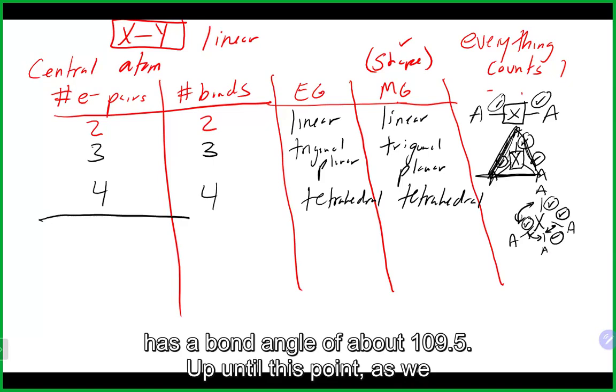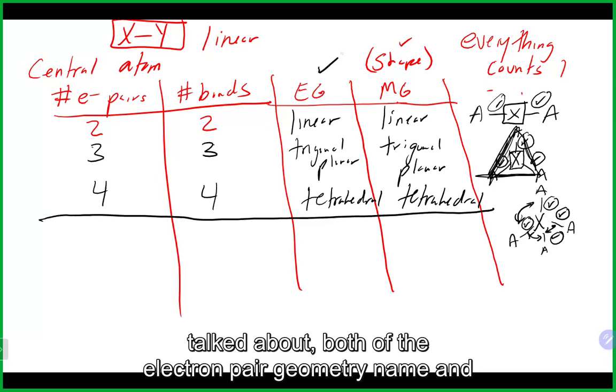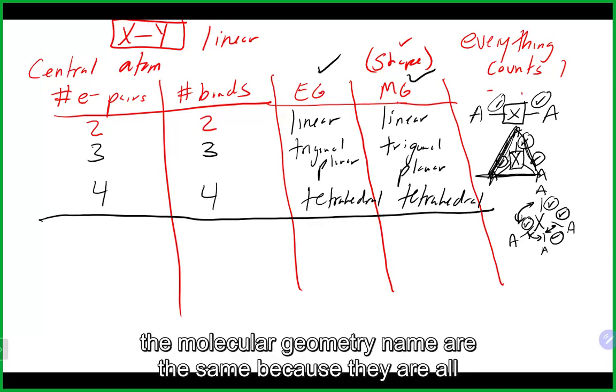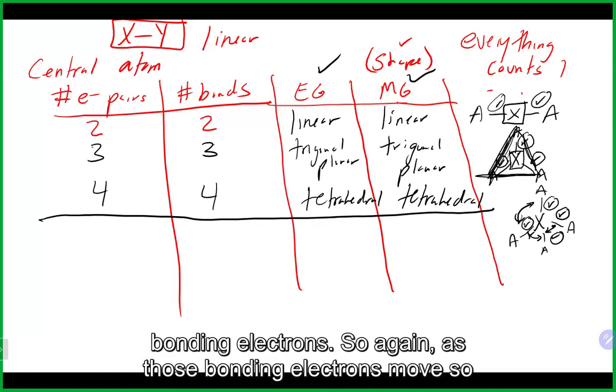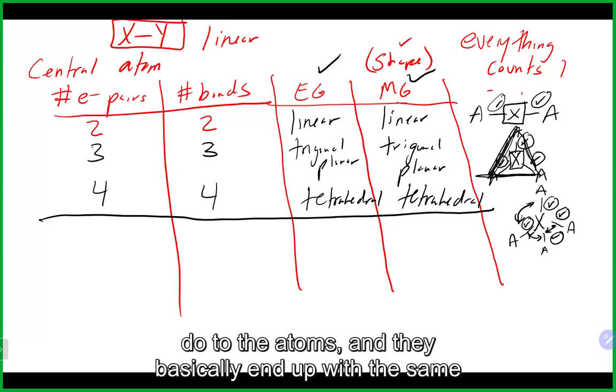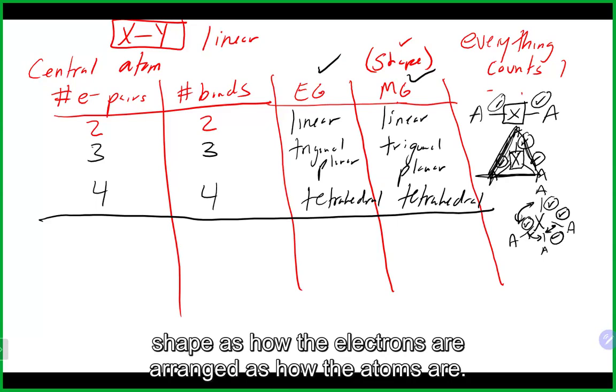Up until this point, both the electron pair geometry name and the molecular geometry name are the same because they are all bonding electrons. So as those bonding electrons move, so do the atoms, and they basically end up with the same shape as how the electrons are arranged as how the atoms are.